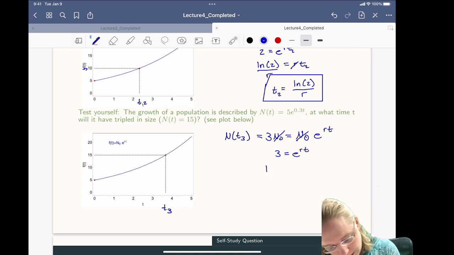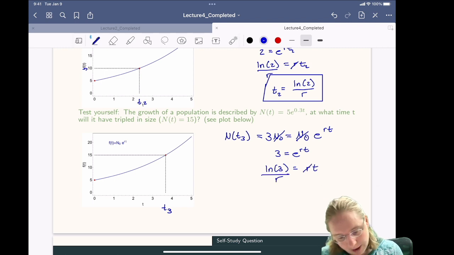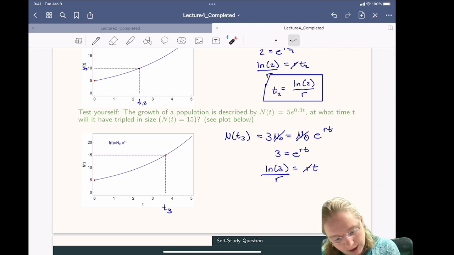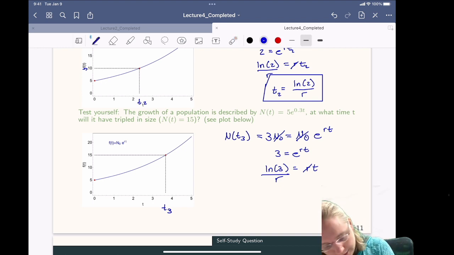Now let's take the natural log of both sides and divide by r. All right, so I have specific values for what r is in this example. For example, I have the value of r is equal to 0.3, so that we have that the tripling time is equal to the natural log of 3 divided by 0.3.